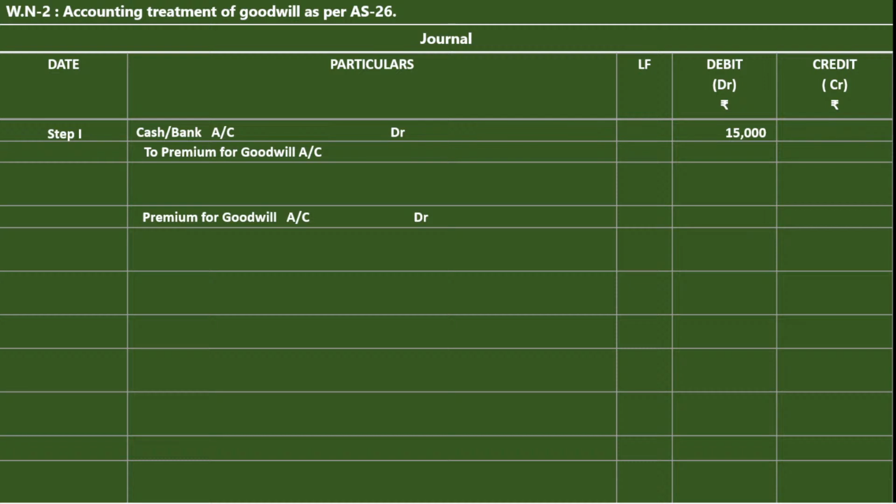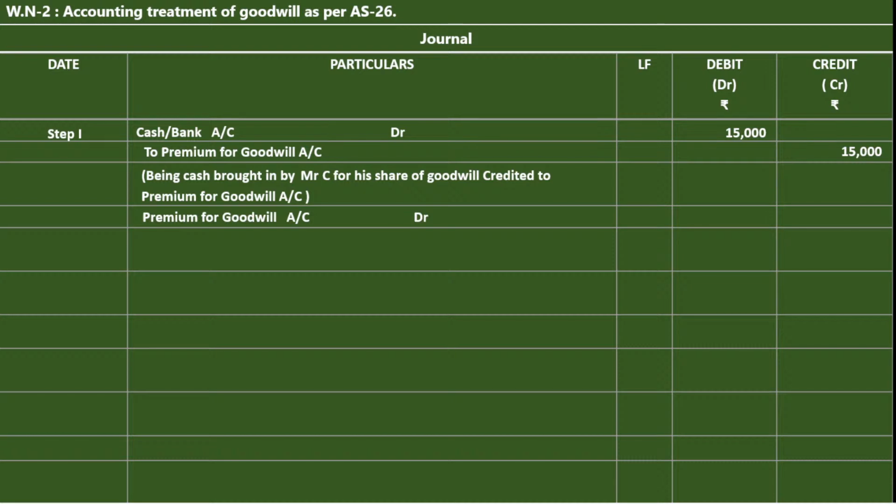Because cash or bank account is a real account, debit what comes in. Premium for goodwill account is a nominal account, credit incomes and gains, or a representative account, you can treat it like that also, 15,000. Or you can take it as a personal account also, because this goodwill amount belongs to the old partners.